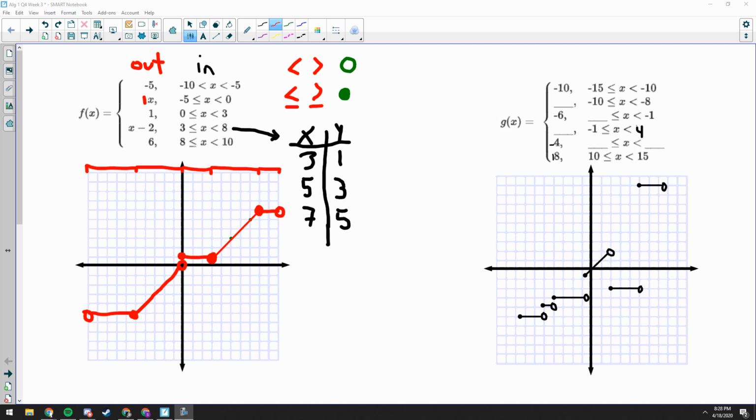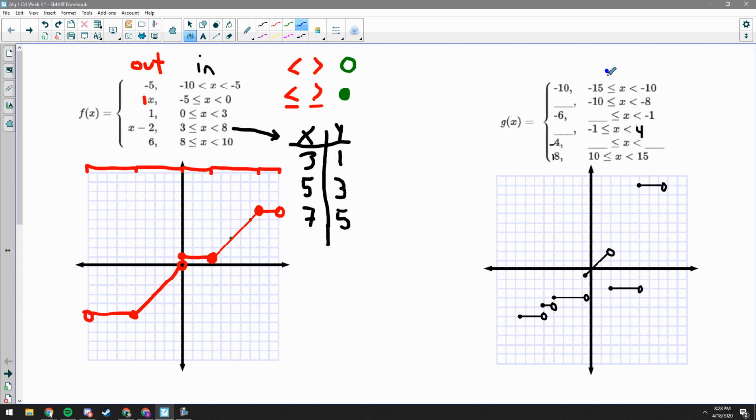All right, let's take another look at the second problem here. This problem comes from one very similar to what you will find on your homework assignment tonight. And again, we have our new colors. These are our x values, our inputs, our domain, and these are our outputs, our y values, the range of our function.